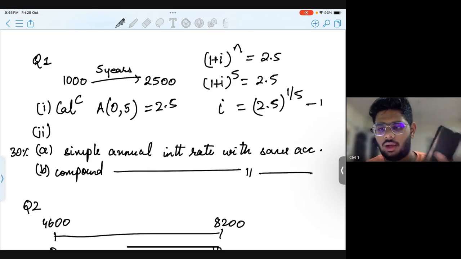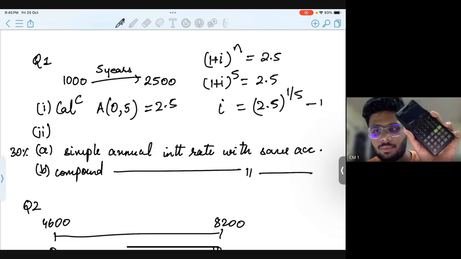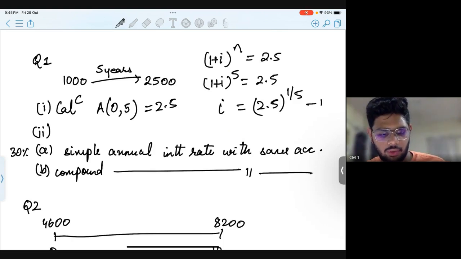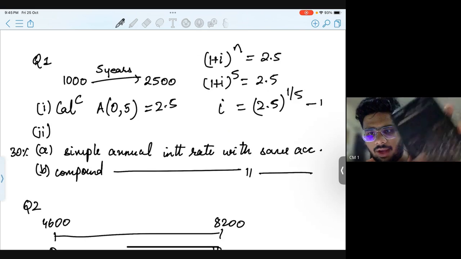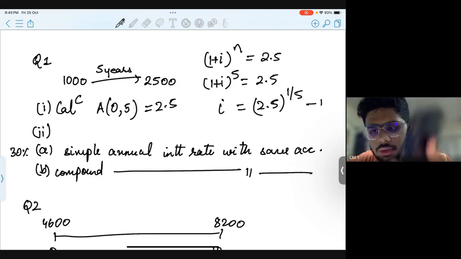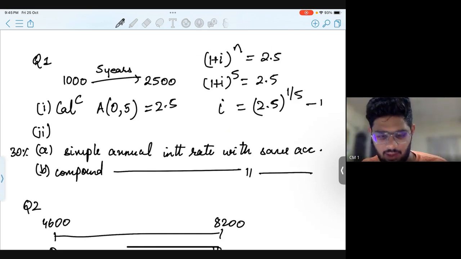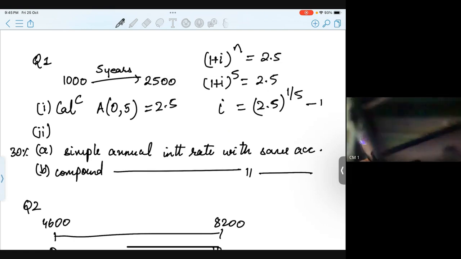Can somebody, all of you have this calci? So you will do 2.5, you will do this whole power x के पास जब ऊपर डब्बा बना हुआ है whole power 1/5 minus 1. The screen should look something like this.